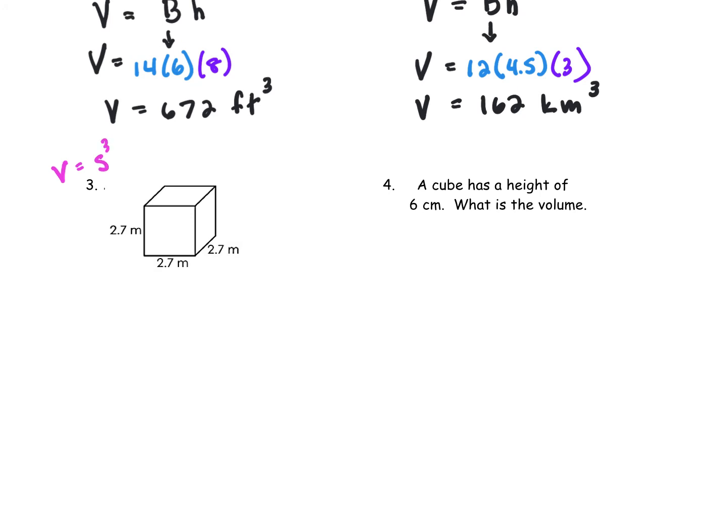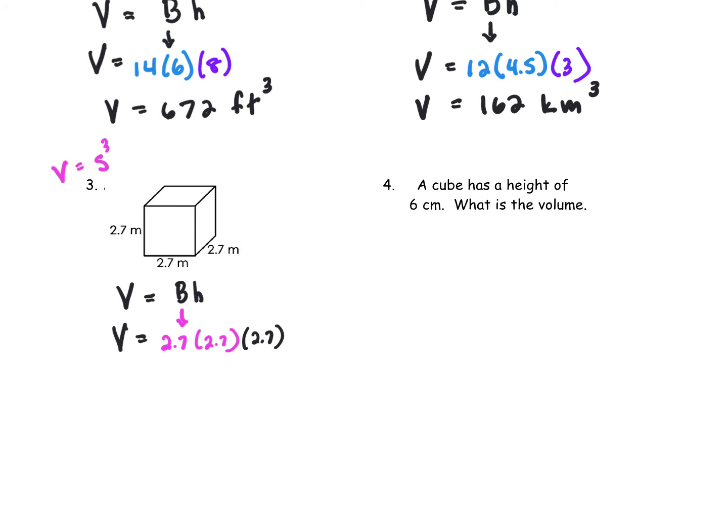But we can use this general formula for all prisms, which is volume equals base times height. And in this case, the base is a square, and so we want to find the area of a square, so we would say side times side. In this case, it's 2 7/10 times 2 7/10. And then the height is going to be the same measurement.